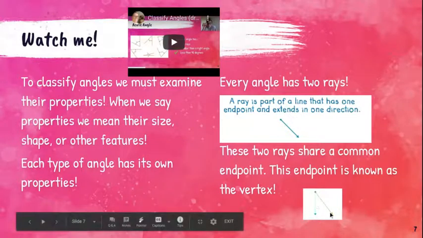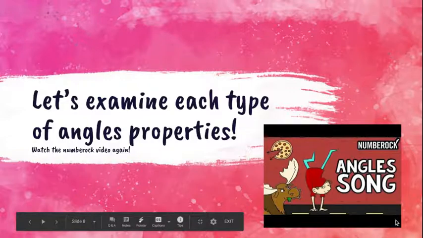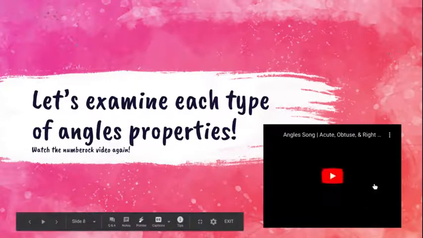And those two rays, we don't say lines, we say rays. So this ray and this ray share this point called a vertex. Inside is now created an angle. Okay, let's take a look at this video here.